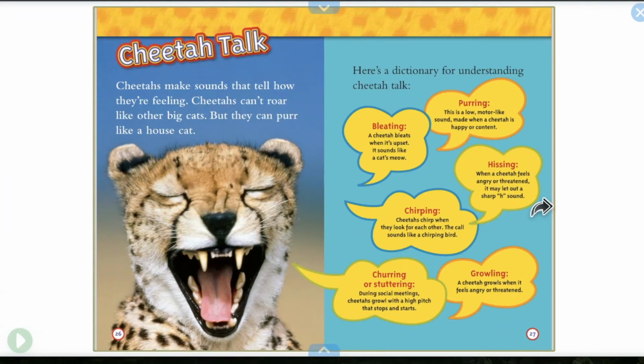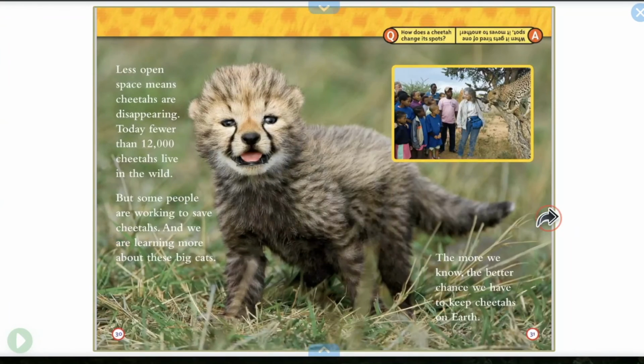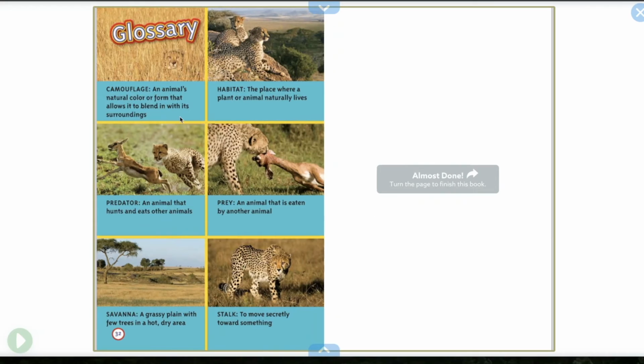I like this one too. Instead of writing a whole paragraph about the different sounds that cheetahs make, look what they did. They made these speech bubbles, and each speech bubble has a different type of sound that cheetahs make. So that's a cool way to display information as well. And at the end there we have the glossary, so we can learn lots of different words.